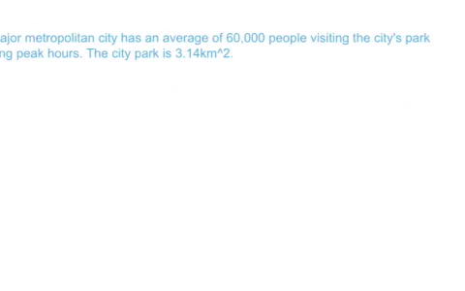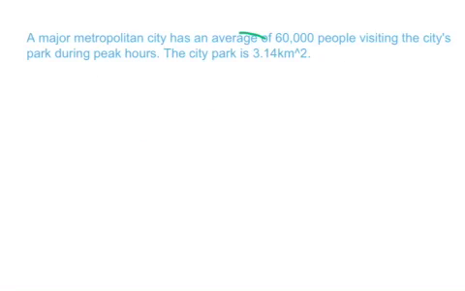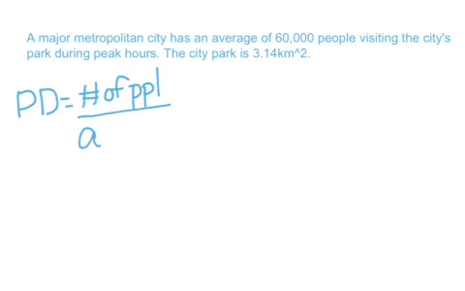Let's do another one. In this one, a metropolitan city has an average of 60,000 people visiting the park during its peak season. The park is 3.14 square kilometers. Same thing, I want to know the population density of the people. Remember, it's the number of people, objects, or animals, divided by the area.